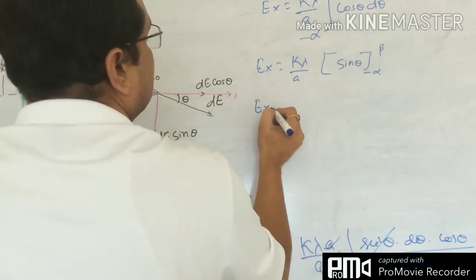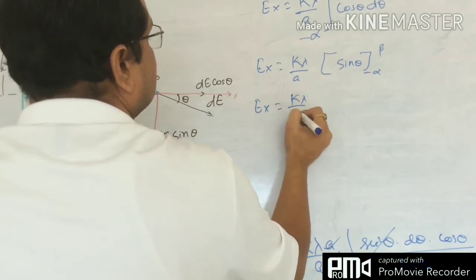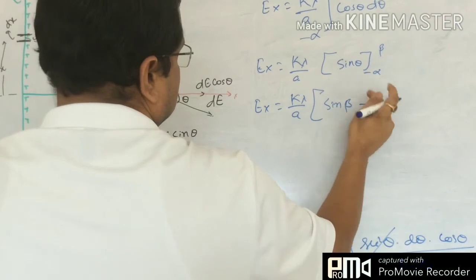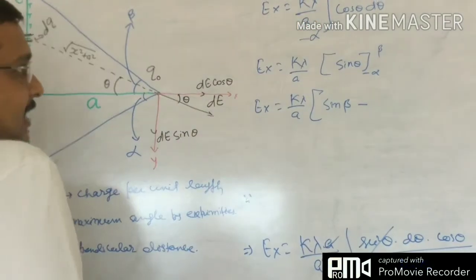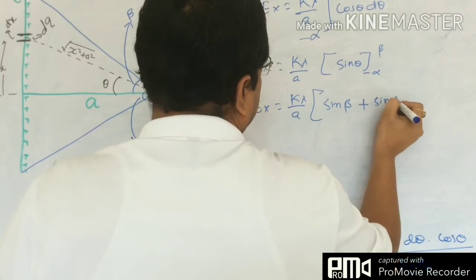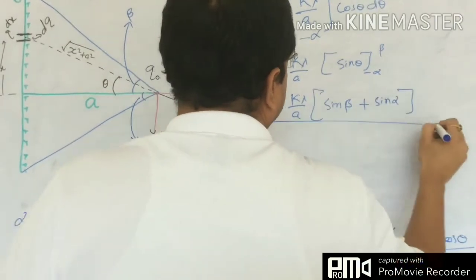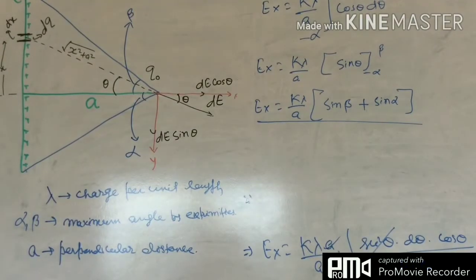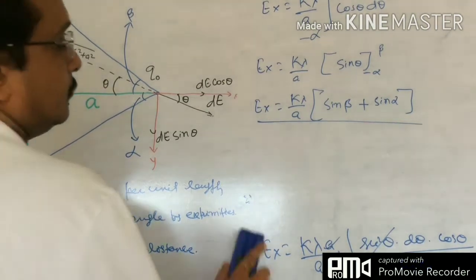So Ex equals k lambda by a, upper limit sin beta minus lower limit sin minus alpha, which is minus sin alpha, so minus and minus gives plus sin alpha. So this is the expression for Ex that we have found.